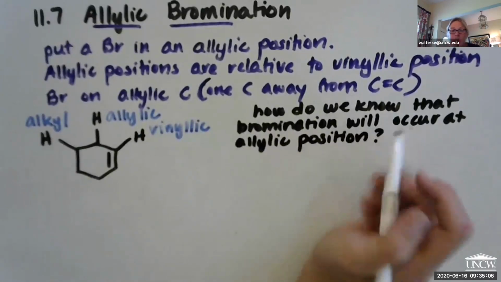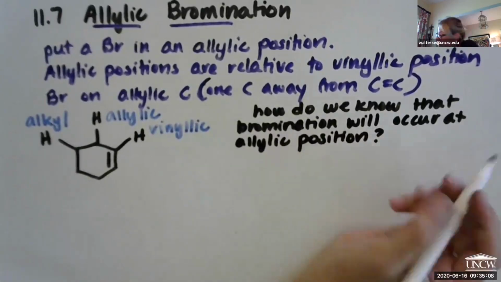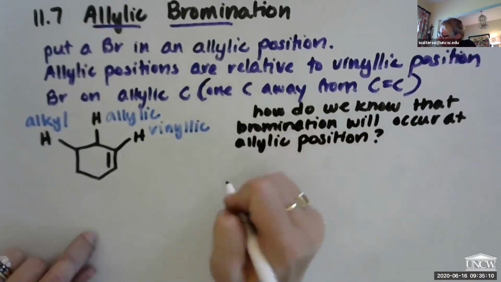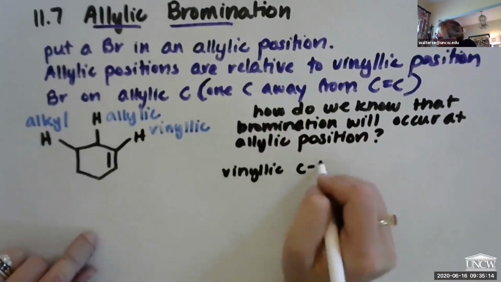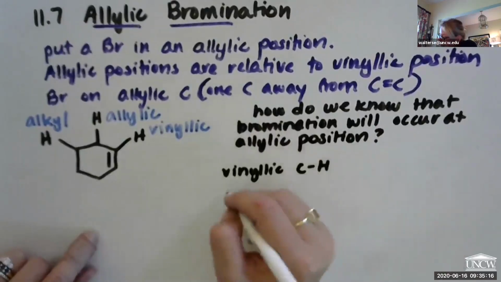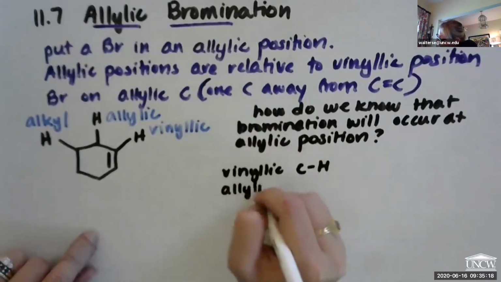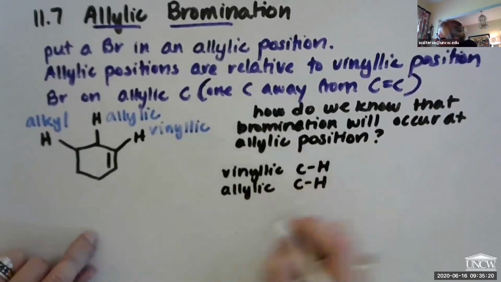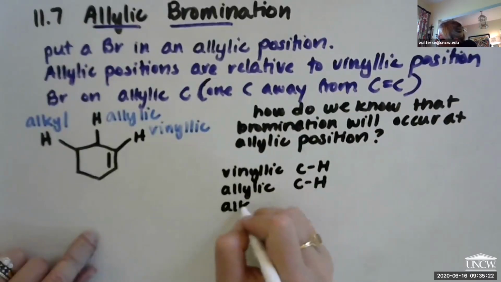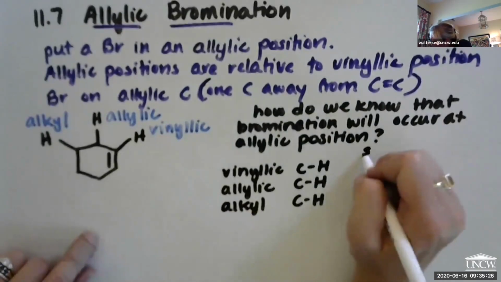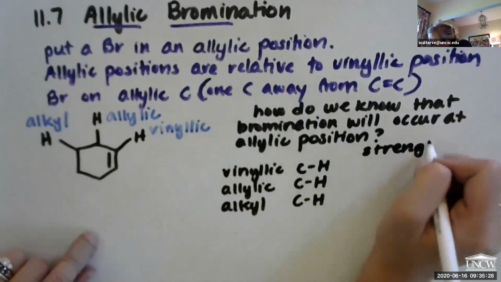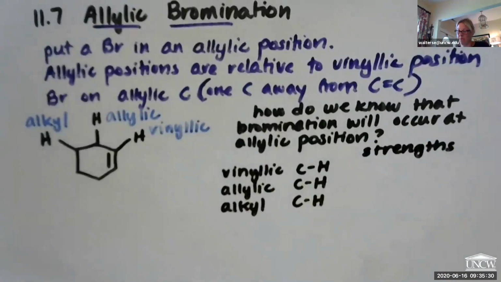And the way we're going to do that is we're going to look at the bond strength. So we can have a vinylic carbon to hydrogen bond, an allylic carbon to hydrogen bond, and an alkyl carbon to hydrogen bond. And look at the relative strengths, or the bond energies of these bonds.